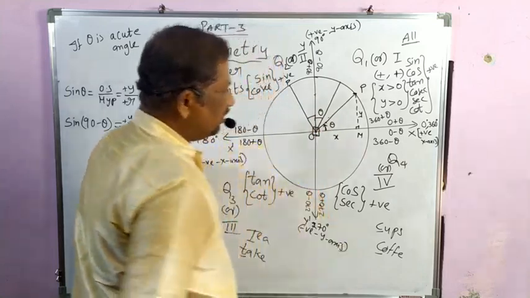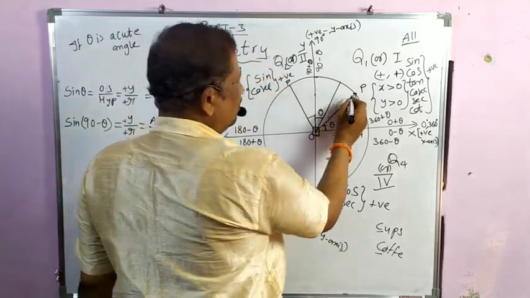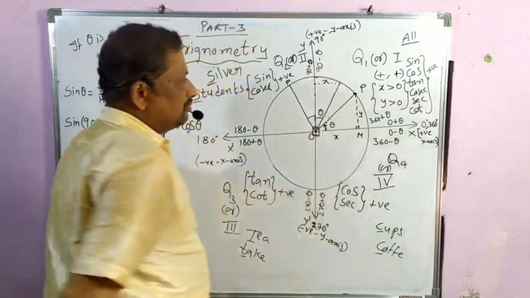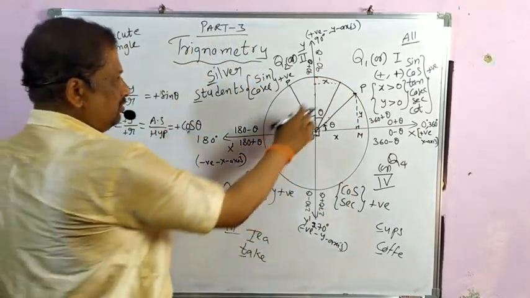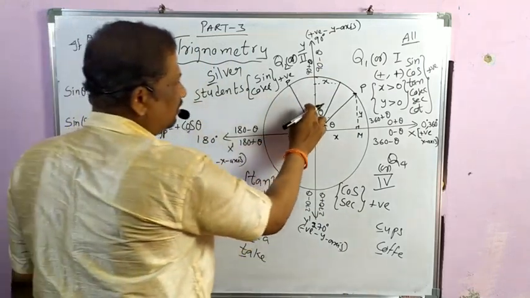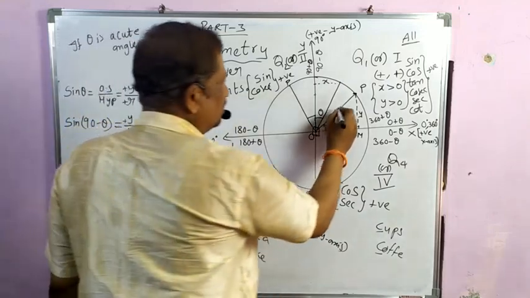We are subtracting theta, the same value. Then this one becomes x, this one y. So 90 minus theta will become cos theta: adjacent side by hypotenuse, where the hypotenuse is r.